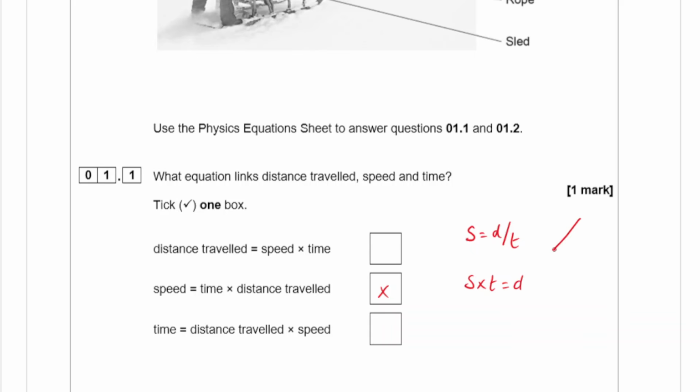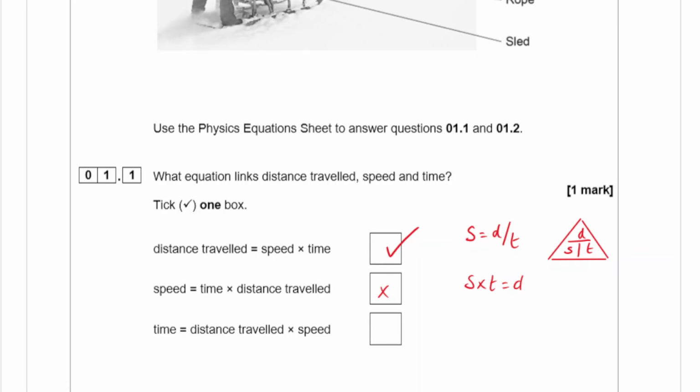For those of you who would use the equation triangle, remember speed, distance and time. So you want to find out the distance, it's speed multiplied by the time. So this is the correct answer.